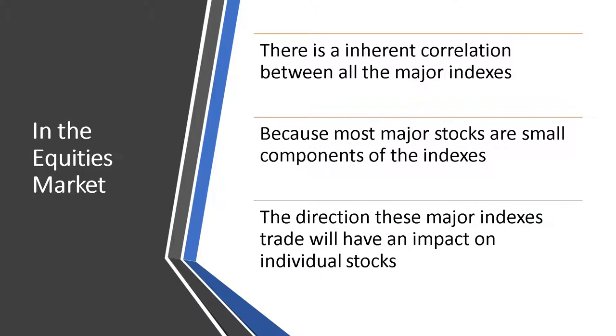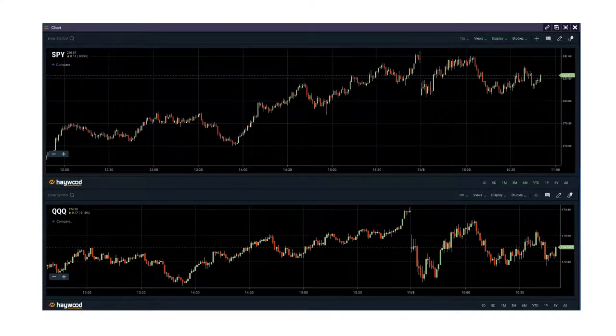In the equities market, there is an inherent relationship between all the major indexes. Because most major stocks are small components of the indexes, the direction that these major indexes trade will have a huge impact on individual stocks. An example of that here is the S&P 500 and the Nasdaq, otherwise known as the SPY and the QQQ.